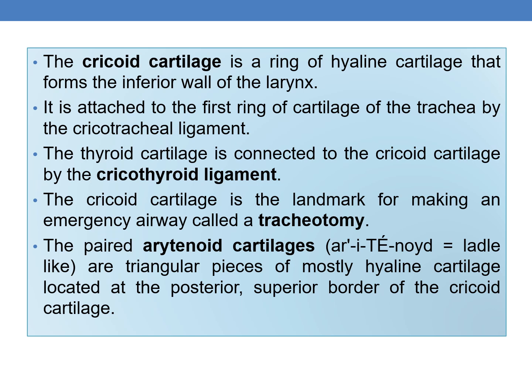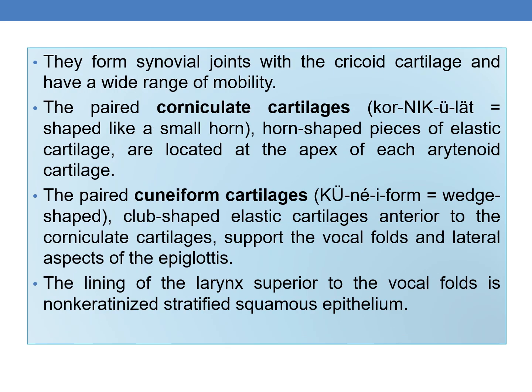The pair of arytenoid cartilages are triangular pieces of mostly hyaline cartilage located at the posterior superior borders of the cricoid cartilage. They form synovial joints with the cricoid cartilage and have a wide range of mobility.